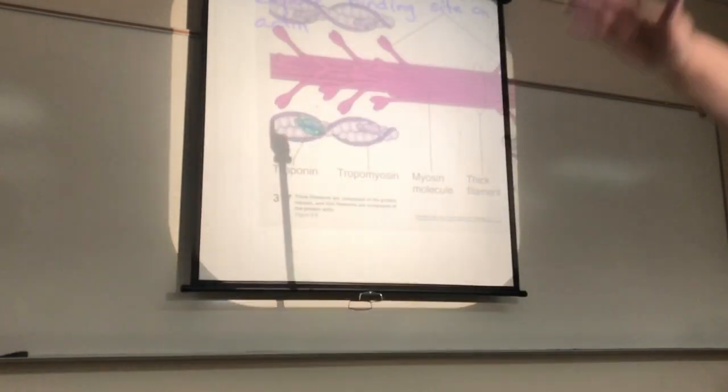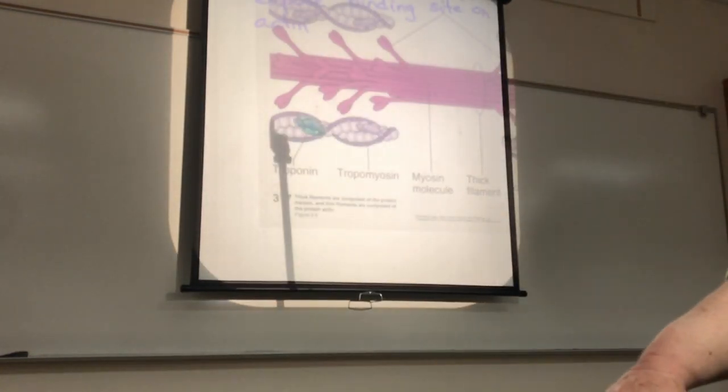The troponin flips back up into its original position and pushes the tropomyosin back into the groove, blocking the binding site on the actin. And so now the muscle cell can relax. No more cross bridges, no more power strokes, no more force or tension. Calcium goes up, cross bridges can form. Calcium goes down, cross bridges can't form.